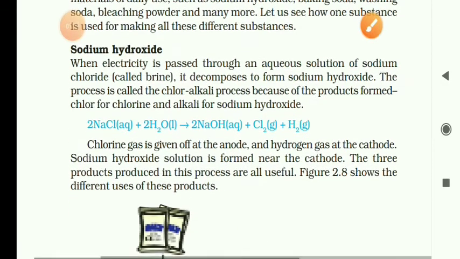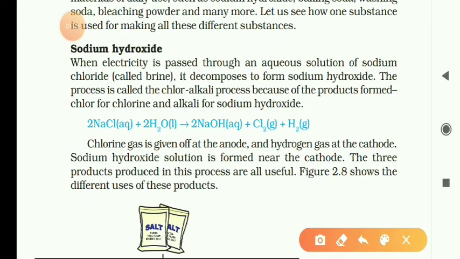Chlorine gas is given off at the anode, and hydrogen gas at the cathode. Sodium hydroxide is formed near the cathode. The three products produced in this process are all useful.